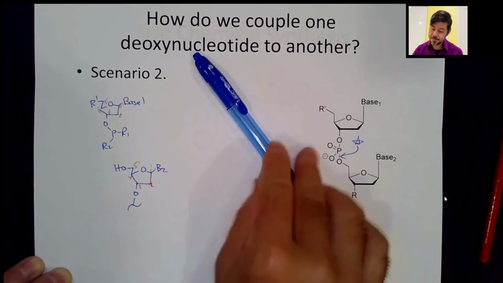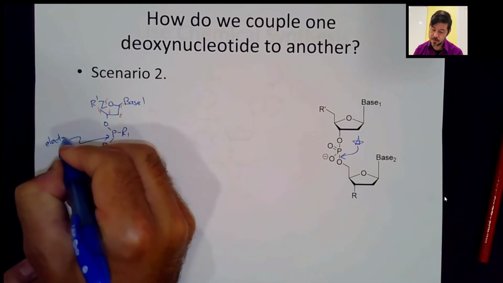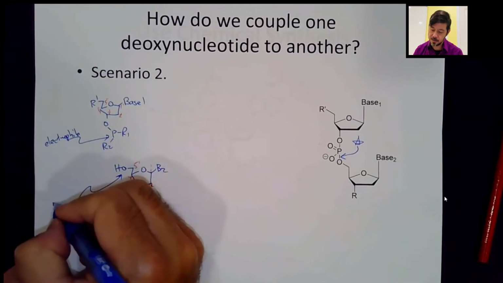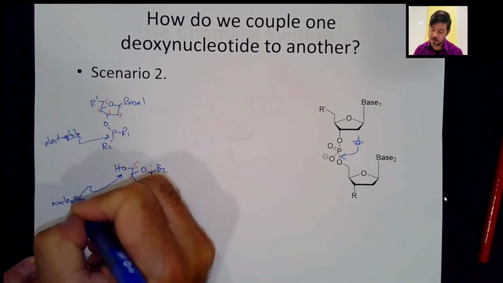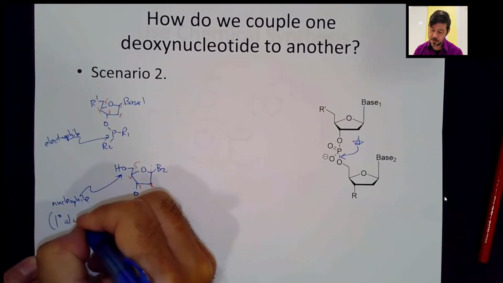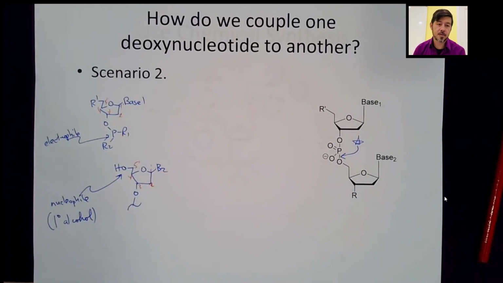So this is now your electrophile, and this nucleophile is now actually a primary alcohol compared to the 3' hydroxyl that we saw earlier.